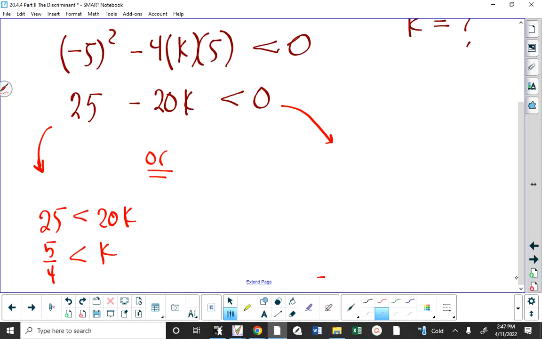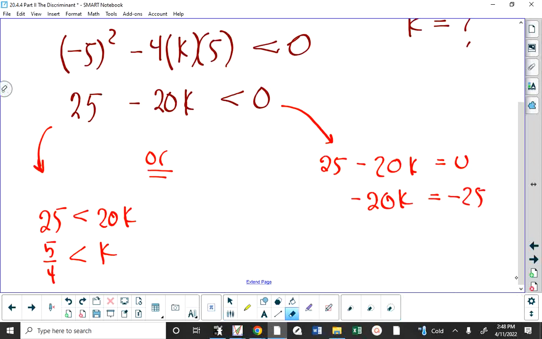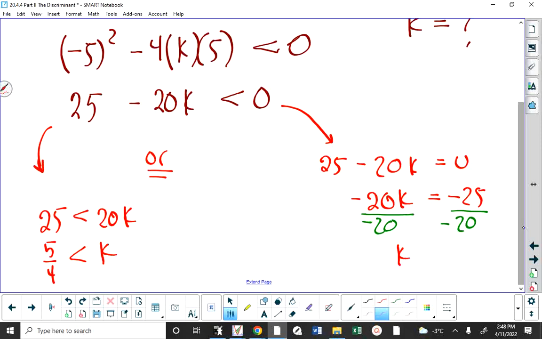The other school of thought is to take that 25 minus 20k, subtract the 25 from both sides, and divide both sides by negative 20 and get k, whoops, it's not equals, it's less than.